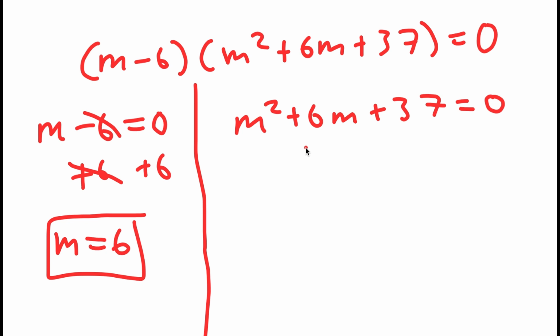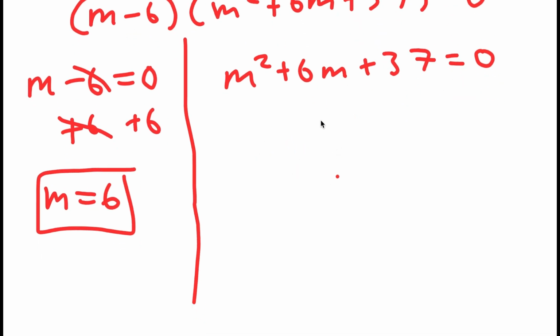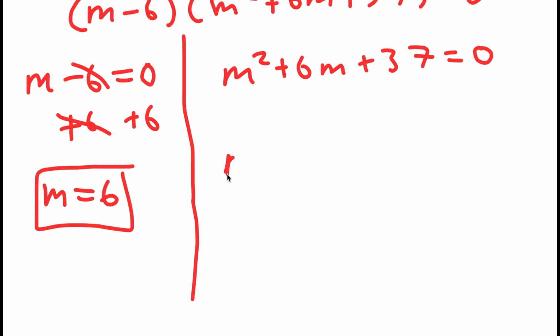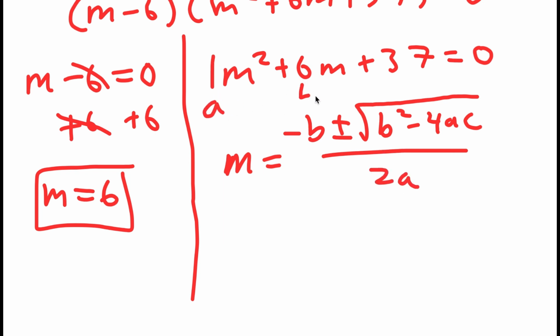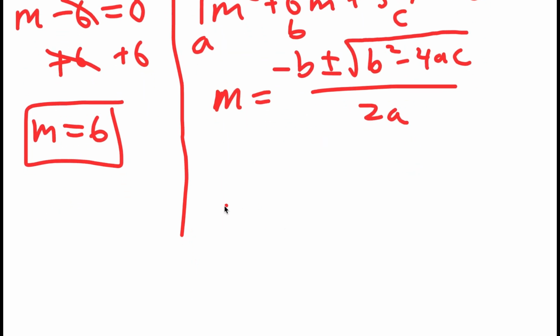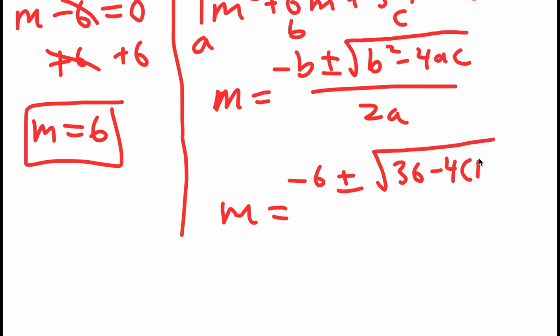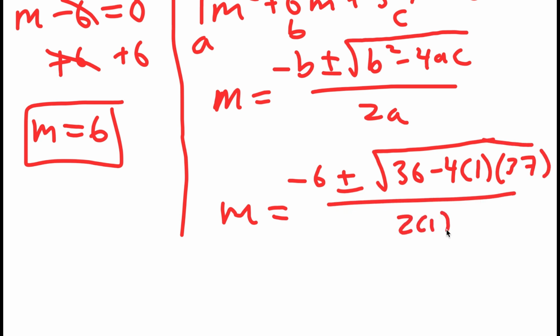Now for m squared plus 6m plus 37 equals 0, to solve this, I'm going to use the quadratic formula, which is equal to negative b plus or minus the square root of b squared minus 4ac all over 2a. So in this case, a is 1, b is 6, and c is 37. So I get m is equal to negative 6 plus or minus the square root of 6 squared, which is 36, minus 4 times 1 times 37, all over 2a, so 2 times 1.